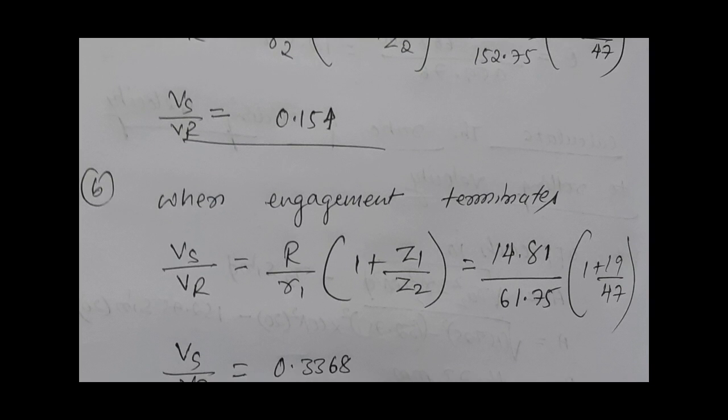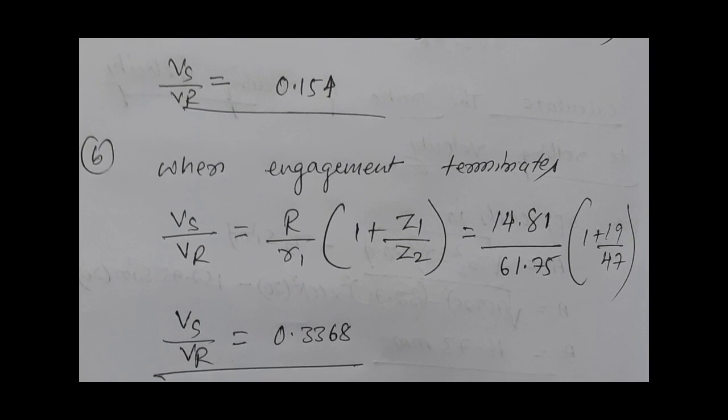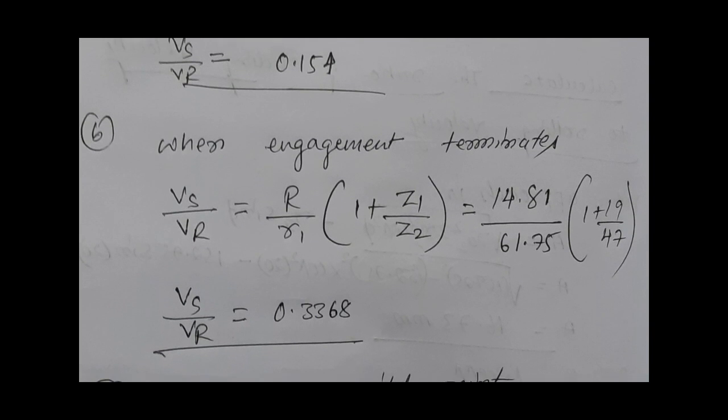What is R here? R in the sense of recess. R we know is 14.81. R1 is 61.75, of 1 plus 19 divided by 47, the number of teeth. By doing the simple mathematical calculation, we come to know that it is 0.3368 at the end, when engagement terminates.